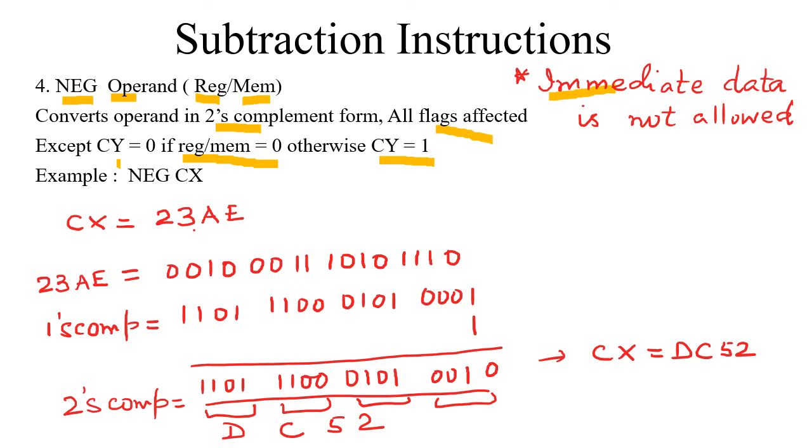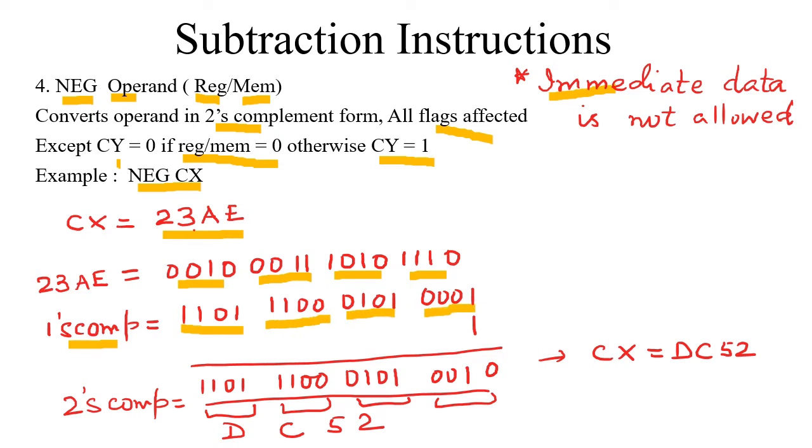For example, if CX is 23AE and the question is negate CX, find 2's complement of 23AE. First write 23AE in binary. This is binary equivalent of 23AE. Convert it into 1's complement by writing 0 की जगह 1 and 1 की जगह 0. So it becomes 1101, 1100, 0101 and 0001.